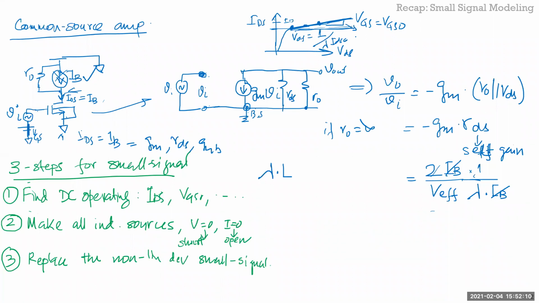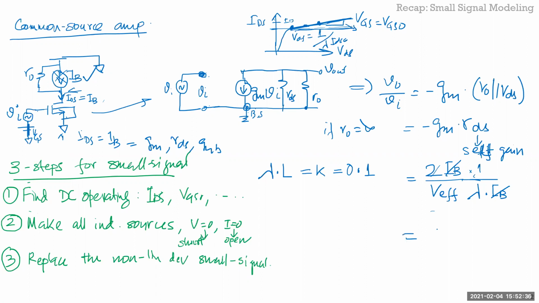The lower the slope, the less close it is to your ideal device. So if you keep increasing the length, typically this is a constant, for example in 0.18 it was about 0.08 or 0.1, let's say, right?